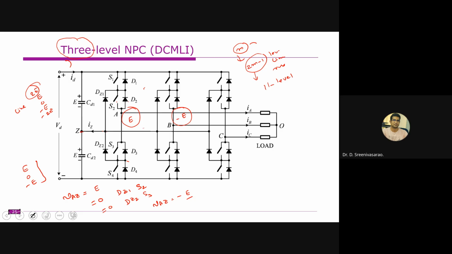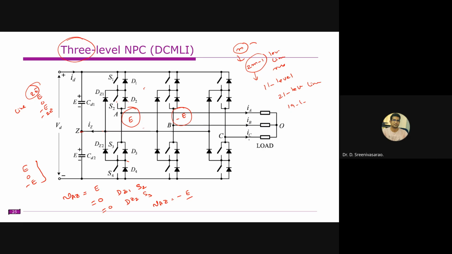From this formula, you are supposed to produce 21 levels in the line voltage, but you may not get 21 levels. Roughly you will get 19 levels, or likewise 17 levels, right? So the point is that the number of levels means the phase voltage number of levels, and you have a maximum of 2m minus 1 levels in the line voltage.